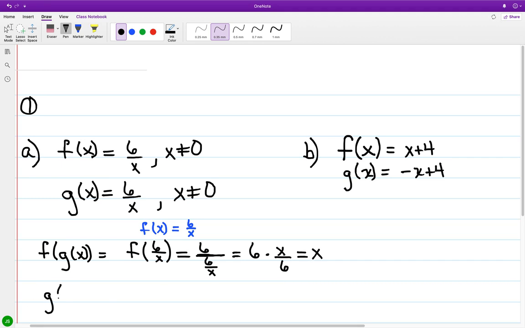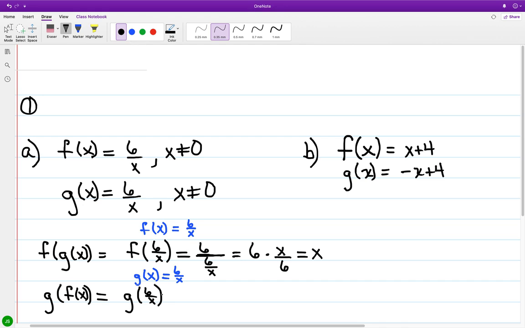And in the case of g of f of x, now we have the input function to be f of x. Again, we have 6 over x, and in the follow through, we operate in accordance with g of the input equal to 6 over the input.